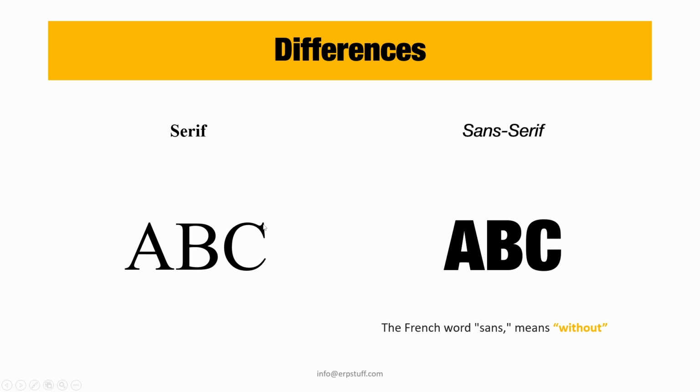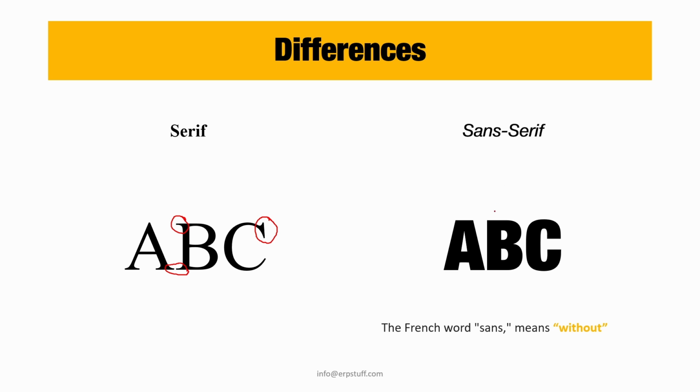See the C, it has these edges. There are certain additional parts on this character, right? The same here with A and B. This is called serif. I think when you see the font you will know whether it is serif or not.